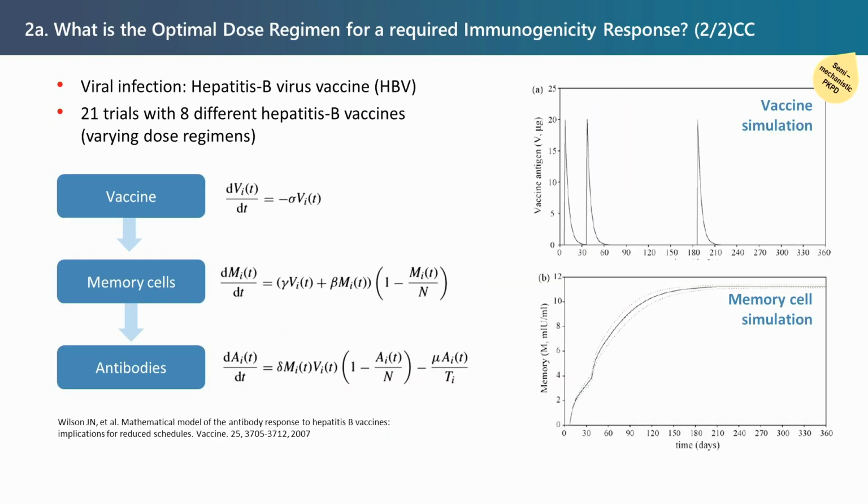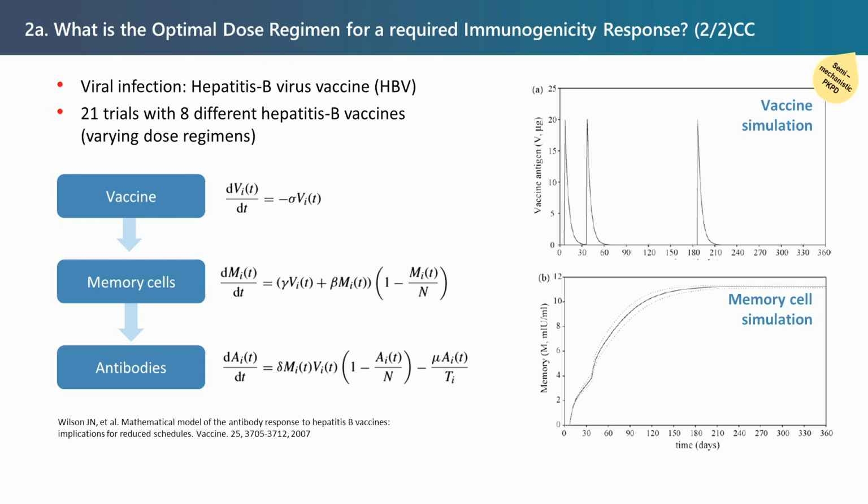The second example shows how MIDD supports the selection of dosing regimen needed for a required immunogenicity response for hepatitis B virus vaccine. In this example, data from 21 trials with 1,923 adult patients across 8 hepatitis B vaccines were analyzed, reflecting over 10,000 post-vaccination antibody titer samples.